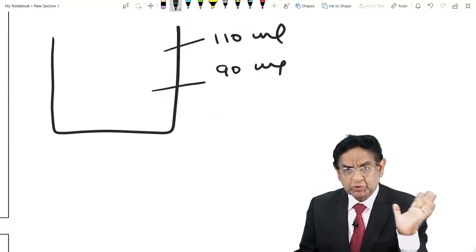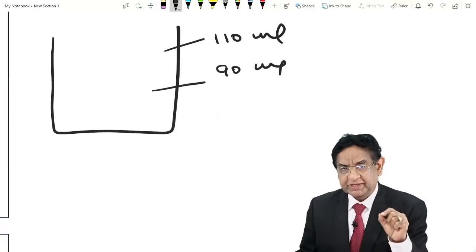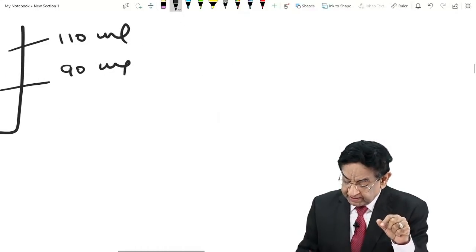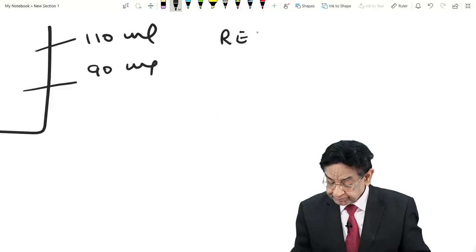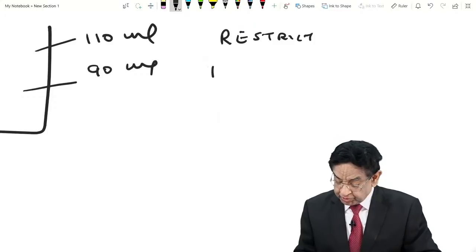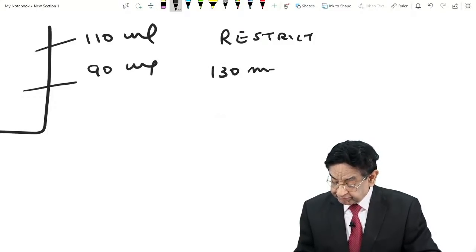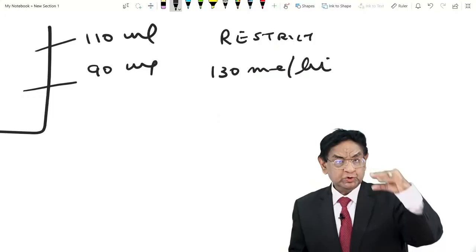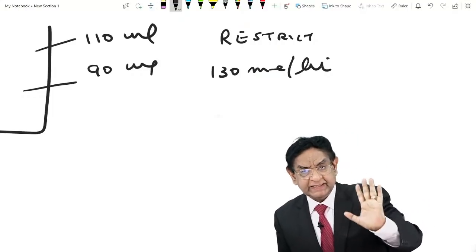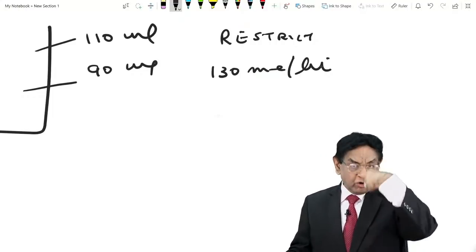Maybe the patient has no symptom, but hyponatremia is there. We are to restrict water intake. Let me say the patient has sodium of 130 milliequivalent per liter, and I asked him to restrict the water intake. So total sodium remains as it is, and now he's not taking water.